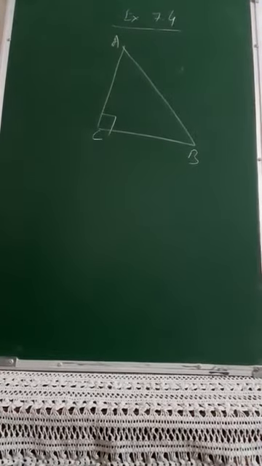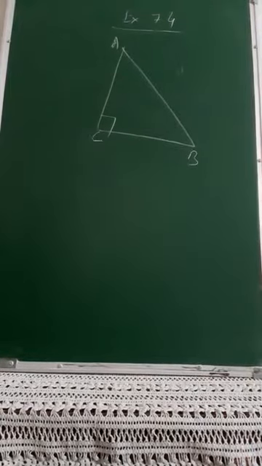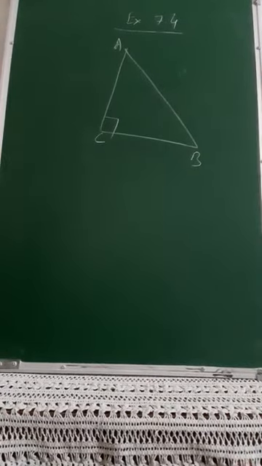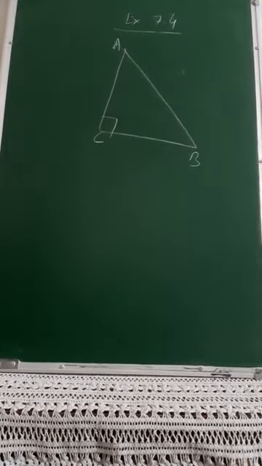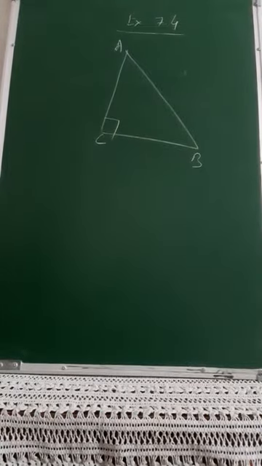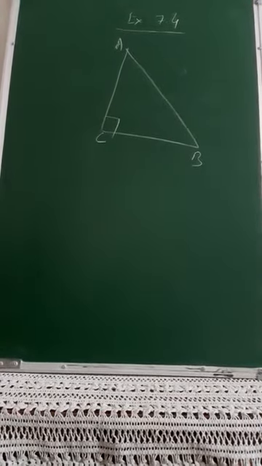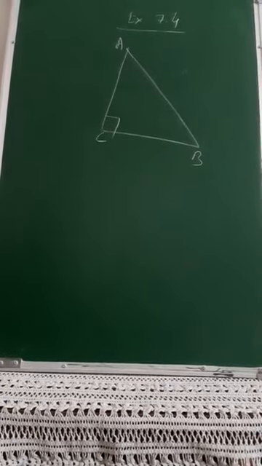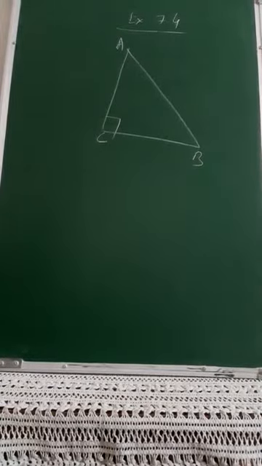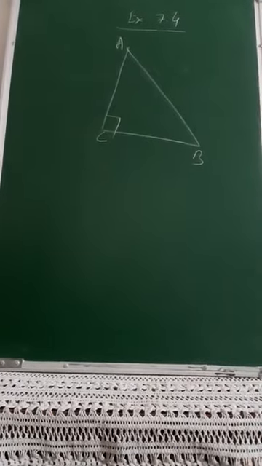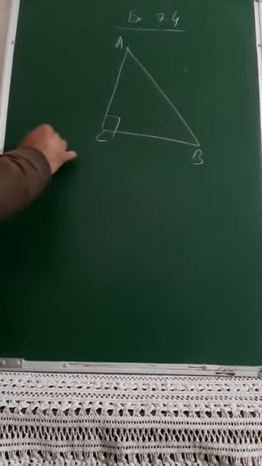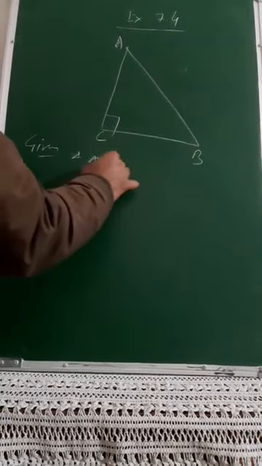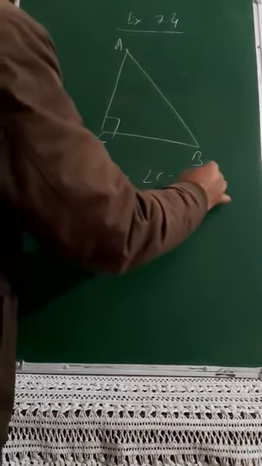Now what happens? If AB is the greatest side, that is the hypotenuse in a right triangle, I know that AB square is equal to AC square plus BC square. Already I have shared with you, if you are not finding it convenient to write your answer directly, you can think in an indirect way also. That is the contradiction method. To prove that AB is the longest side, given triangle ABC, angle C, suppose I am taking is equal to 90 degrees.